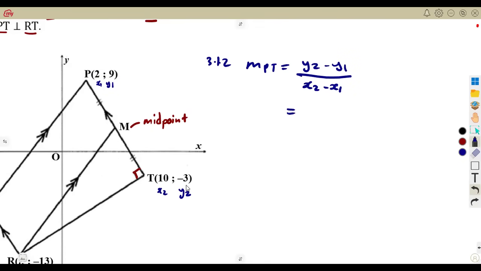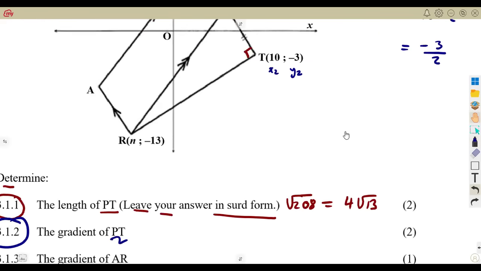That is, according to these points, minus 3 minus 9 over x2 minus x1, that is 10 minus 2. That is what you're going to obtain in that case, and that was going to give us minus 3 over 2 directly on your calculator.